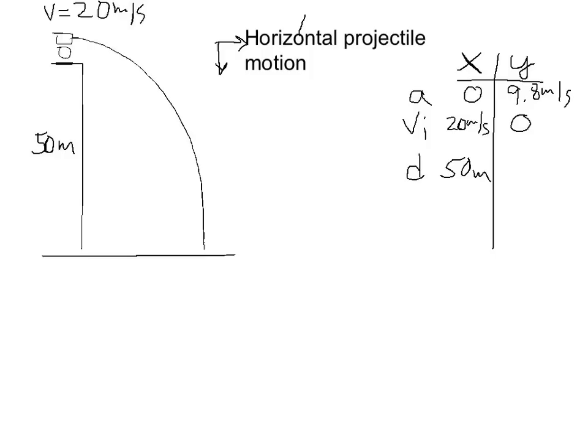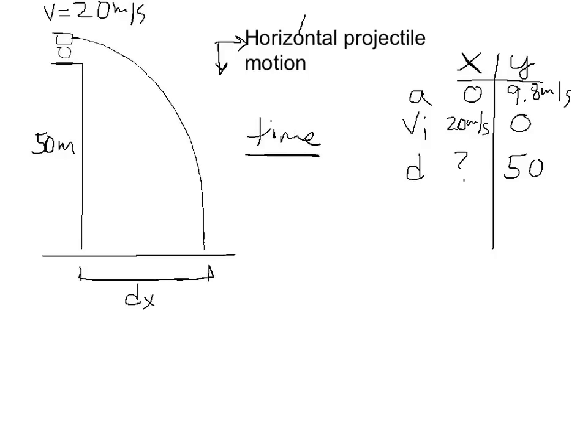Let me fix this. That doesn't go there. The y distance is 50 meters. That's the distance it falls. The distance it travels is the x distance, which is this distance here, dx. And so the most important thing that we need to worry about here is the time.